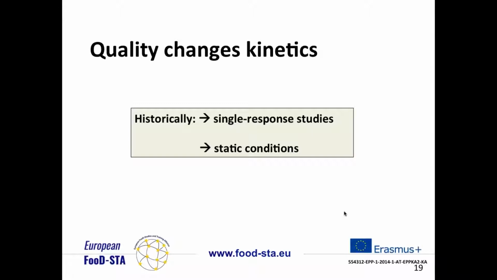Why do quality changes matter? If we want to optimize the process, we can, of course, optimize in terms of energy consumption, but also in terms of maximizing the quality.